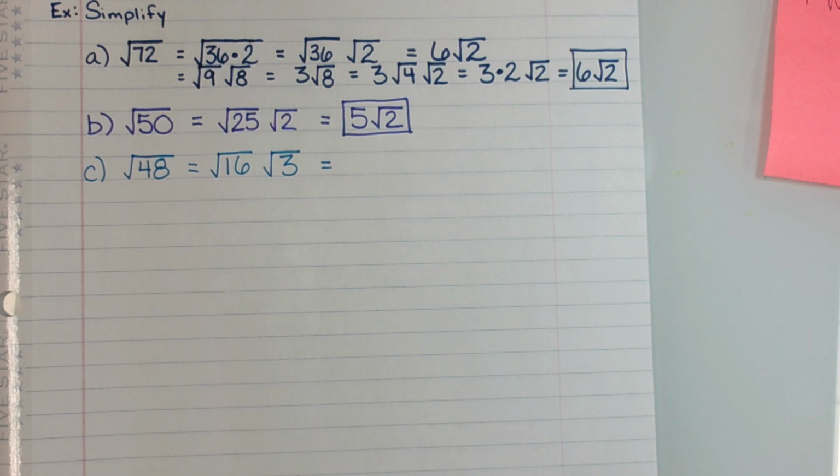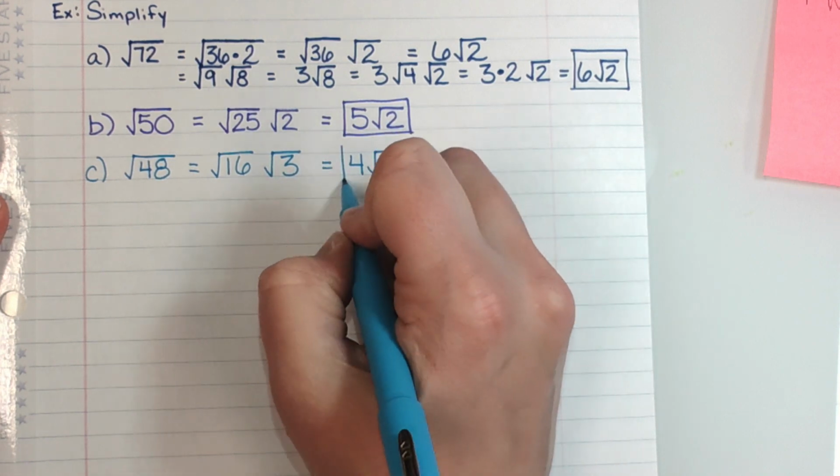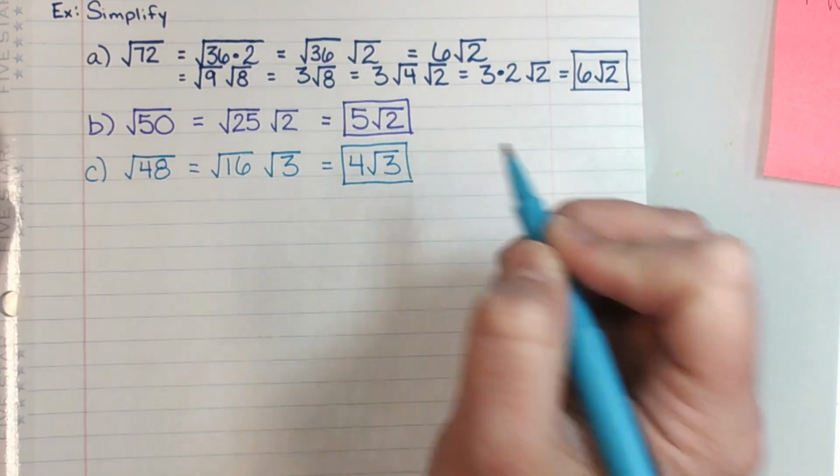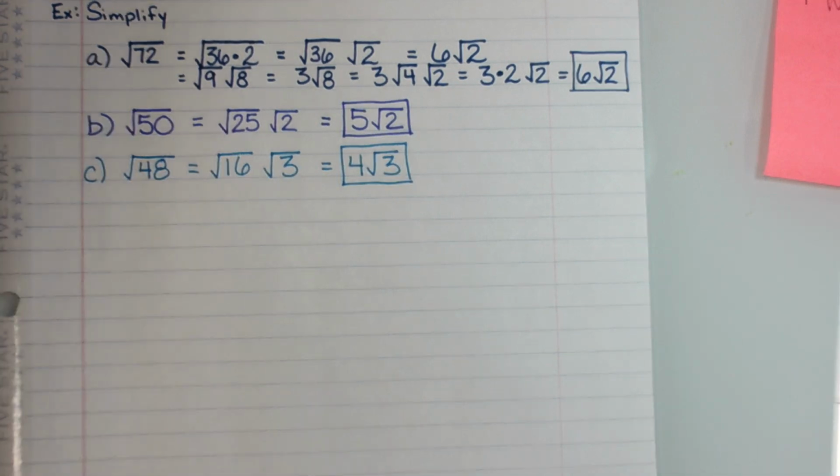Spencer, if I simplify that down, then what do I get? 4 square root of 3. There we go. Did I know that you probably meant that? Yes. Am I going to be picky? Yeah. Okay.